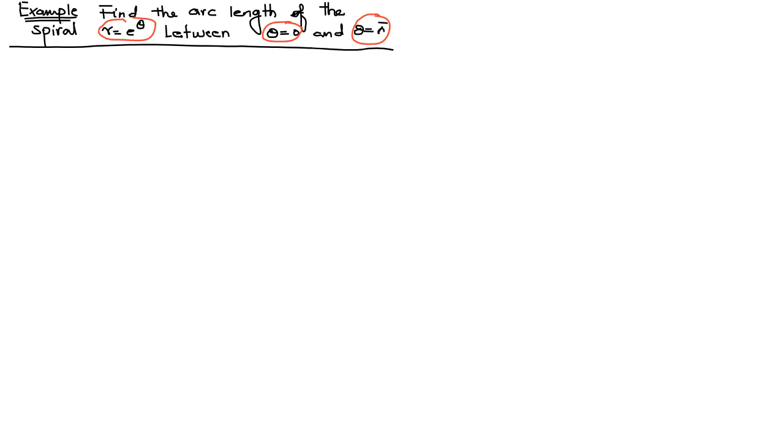For this you must know the formula for finding the arc length. The arc length L is the integral between alpha and beta of the square root of r square plus dr by d theta whole square d theta. r we already know, r is equal to e power theta.